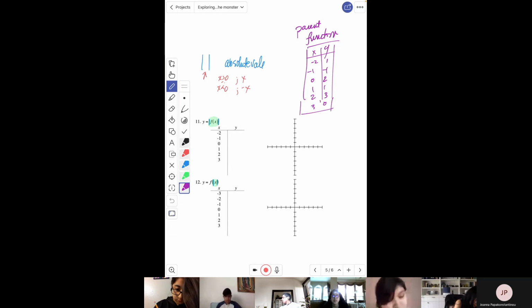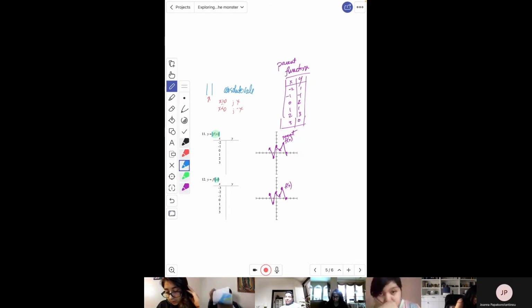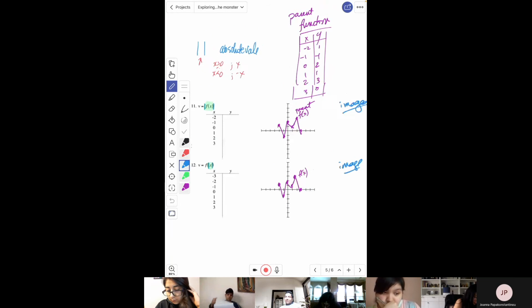So I'll graph my parent, -2, 1. These are harder. These two are a little harder.